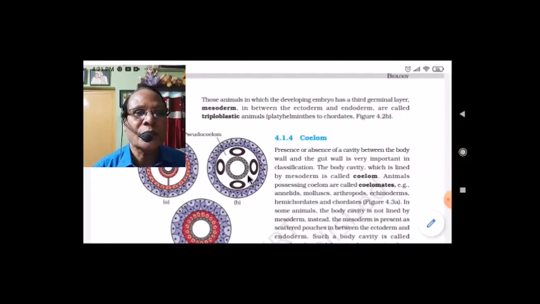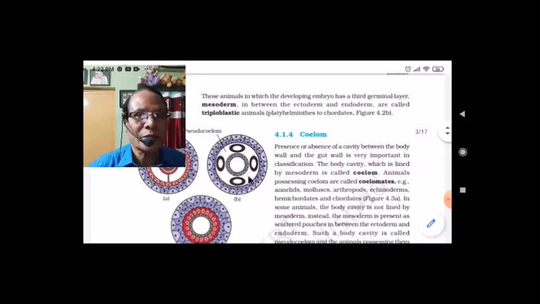Such a coelom, present but without mesoderm, is called a false coelom or pseudocoelom, and the animals are called pseudocoelomates. An example is the roundworm, which comes under the phylum Aschelminthes. Here the coelom is found as patches, with no mesodermal layer, which is absent.